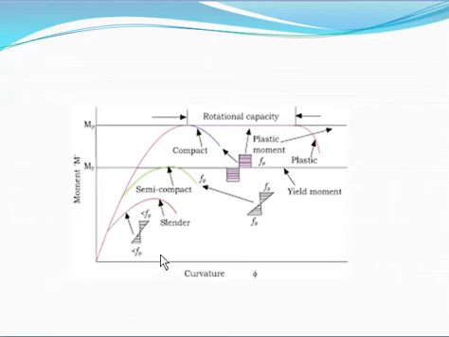You can see in case of this slender class, the moment resisting capacity is very low. On the y-axis there is the moment capacity, and on the x-axis there is the rotation. Here the slender elements fall within the elastic limit.